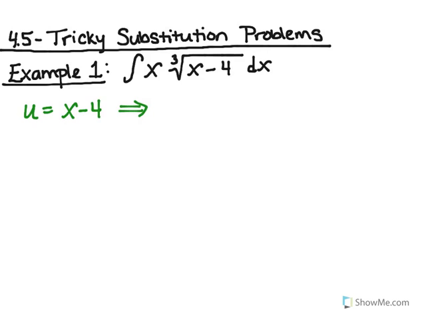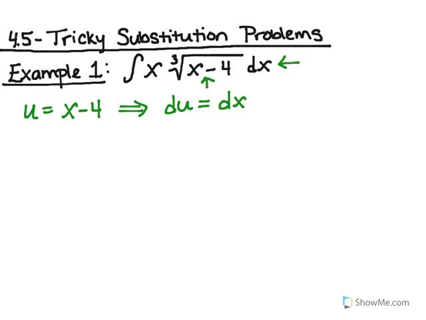Given that, what would du be? What's the derivative of x minus 4? Well, the derivative of that is just 1, and then dx. So here, du is equal to dx. So the dx in the original problem is going to just become a du, and what's inside the radical is going to become just a plain old u.